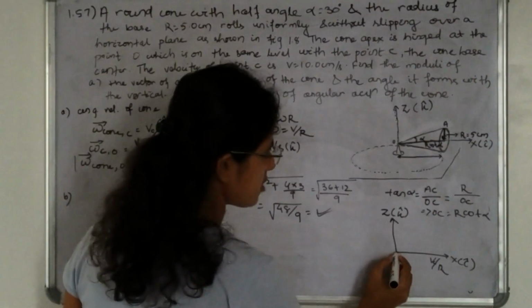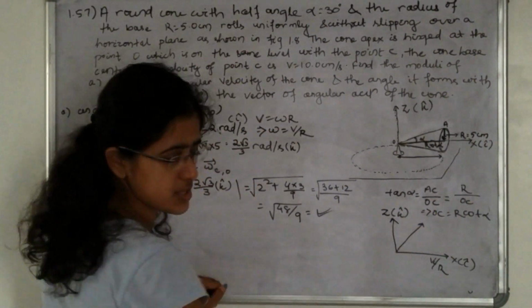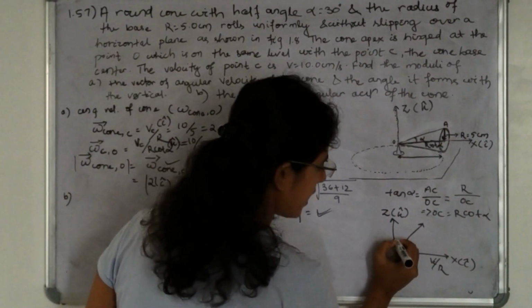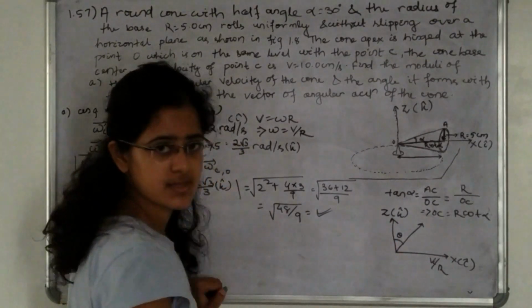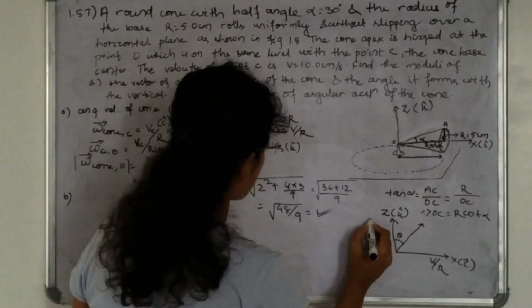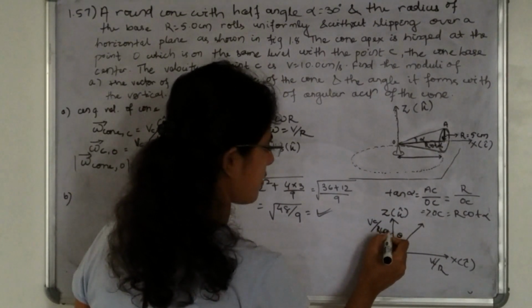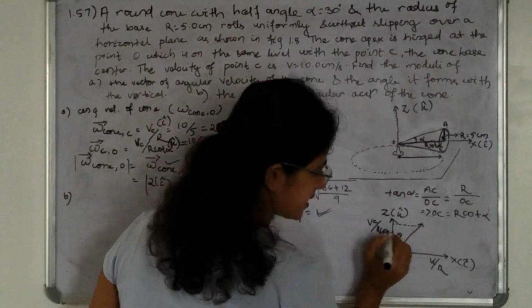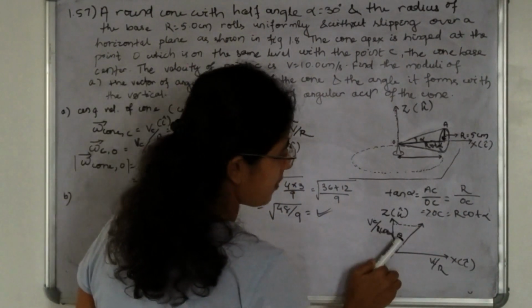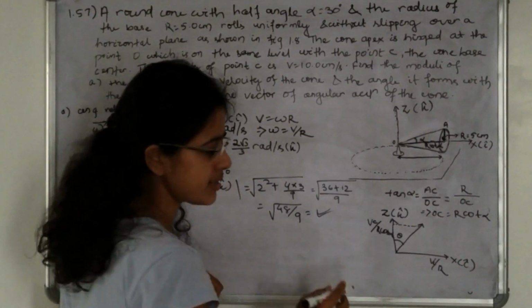The resultant velocity will be along somewhere along this direction, and we have to derive the angle it forms with the vertical. Here the vertical means the Z axis. So this value is Vc divided by R cot alpha. So we have to derive this theta angle. How to derive? For this theta, this is base and this is perpendicular. Tan theta is how much?